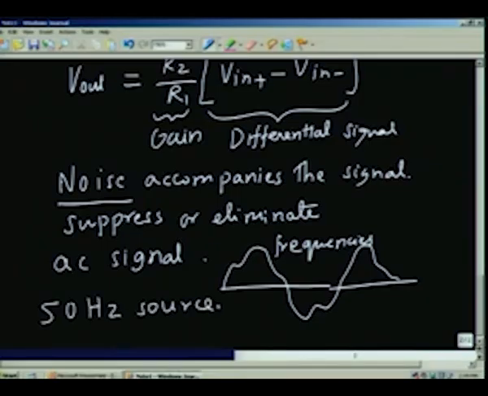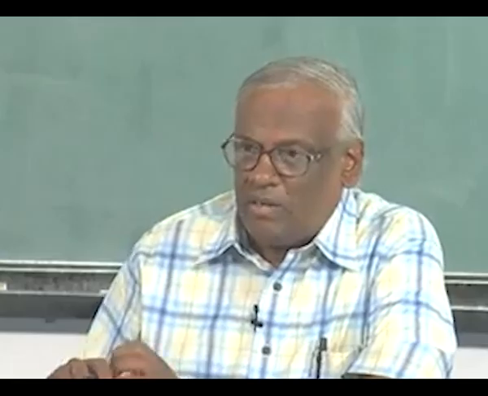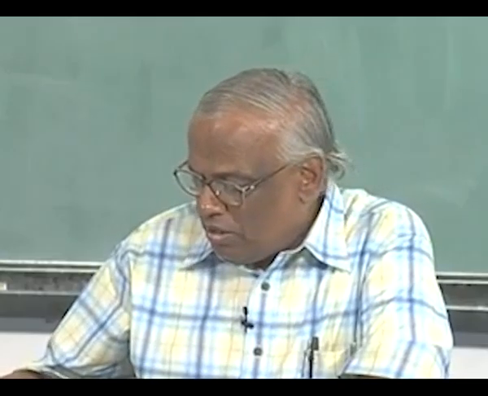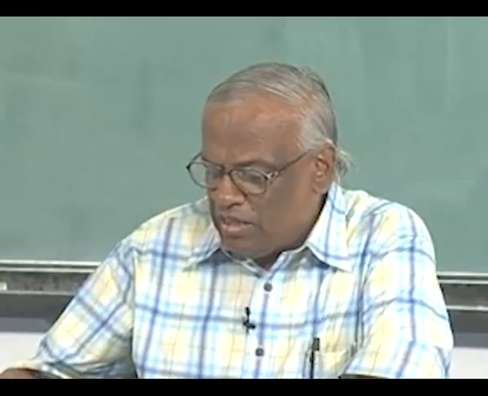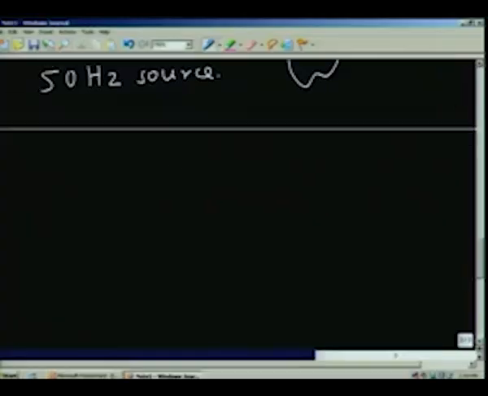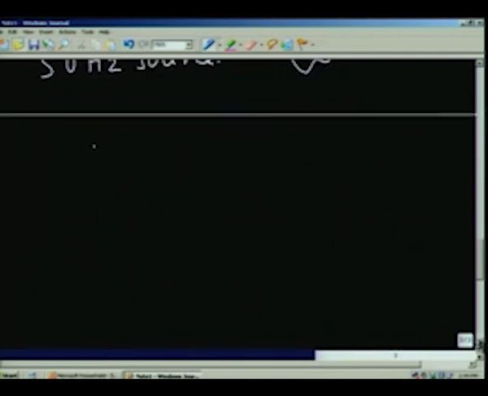Our electricity supply is at 50 hertz, and many times the instrument or the amplifier is close to the electrical line, in which case it will catch a little bit of this 50 cycle noise. So, 50 hertz noise can become a problem.